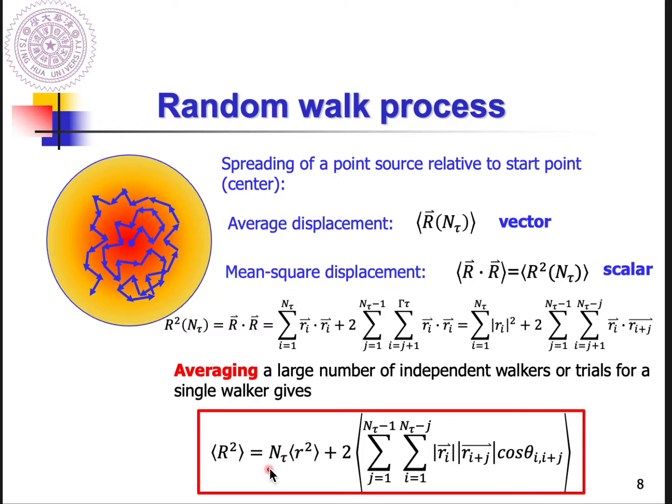Because the summation is from i equals 1 to n tau, you can directly use n tau times the mean square displacement for each jump. And for the rest of the part, there are 2 vectors. You dot the 2 vectors, so you get the scalar a dot b, which is ab cosine theta, where theta is the angle between these 2 vectors. So you finally get this result. The mean square displacement equals this, which is associated with the total number of jumps.